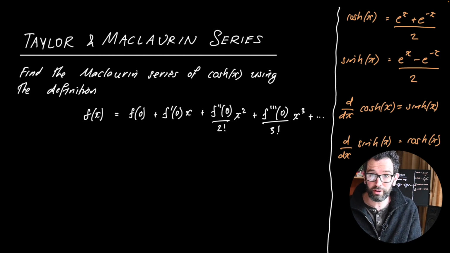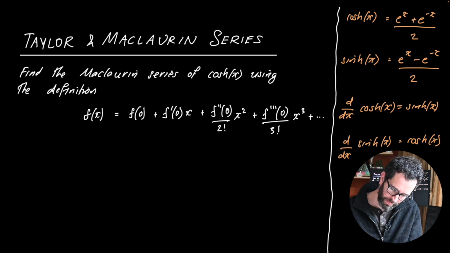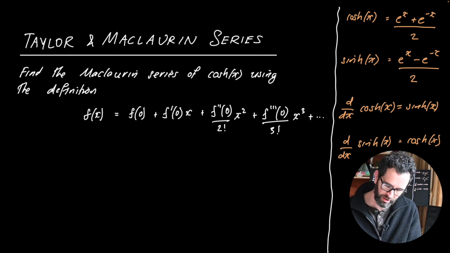Okay, so whenever we're doing one of these things by the definition, what we're being asked to do is to find all these derivatives and find an expression for this. And we often want to write it using that fancy sigma notation at the end as well. Okay, so let's write down what we need here. We'll make a little table, we'll put our different derivative values.